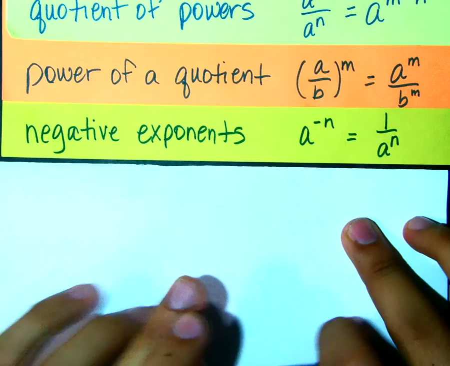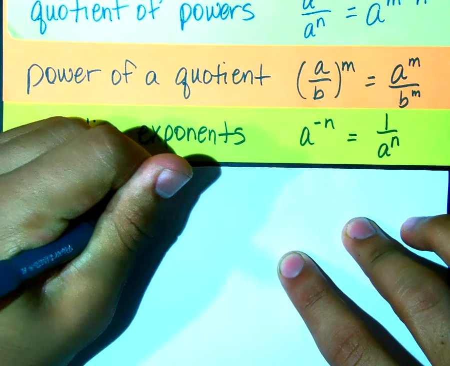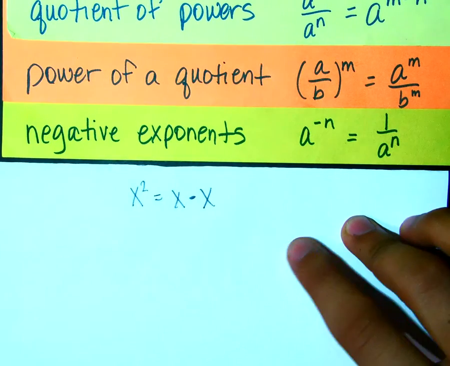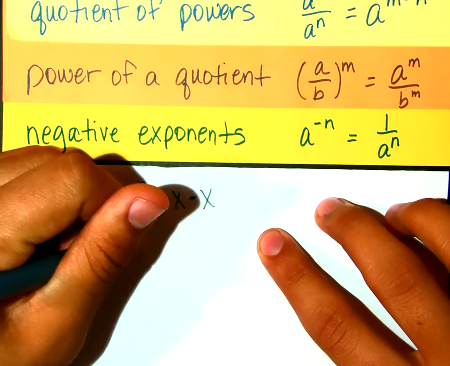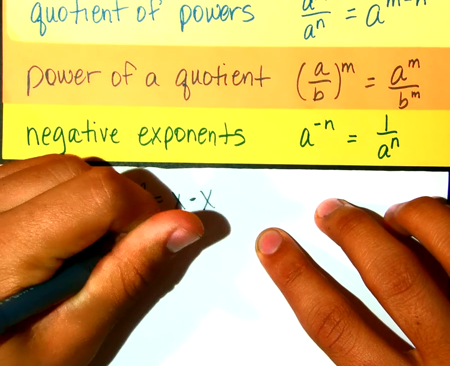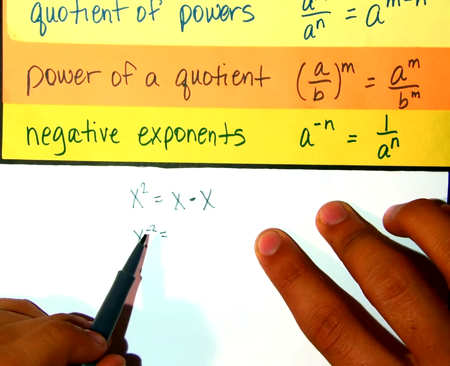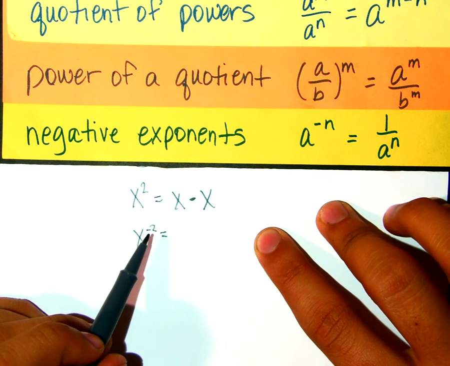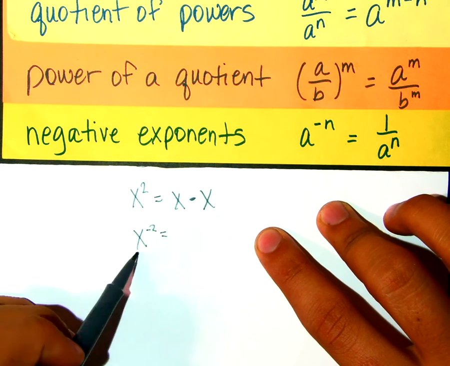So if I have x squared, that's the same as x times x, right? Okay, so when I have x to the negative 2 power, this negative sign lets us know that we're going to do the opposite operation. So instead of multiplying by x, we're dividing.